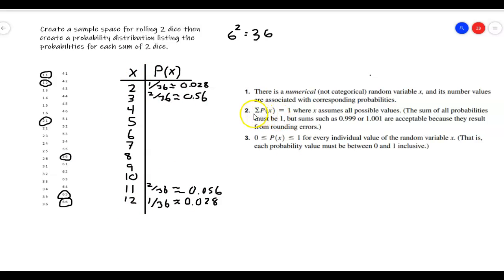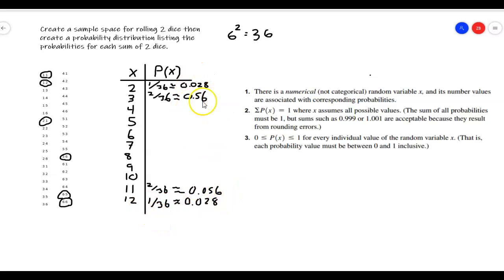Now the second one says the sum, that's what this weird symbol is, which is a capital sigma in the Greek alphabet. The sum of all of our probabilities, that's what the P of X stands for, is equal to 1. Now I didn't do all the probabilities, but if we were to add 1 over 36 plus 2 over 36 plus 3 over 36 all the way up to plus 6 over 36 plus 5 over 36 all the way down to plus 1 over 36, and add them all together, we'd get 36 over 36, which is equal to 1.